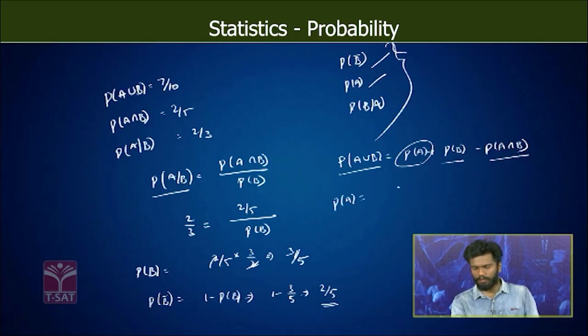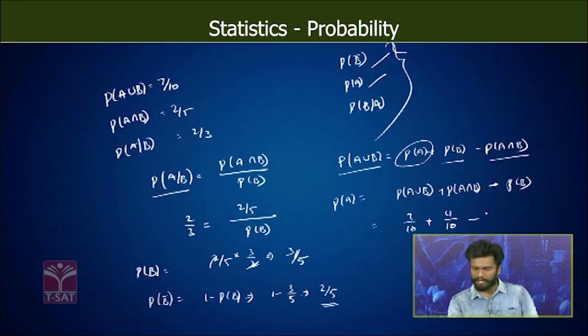Probability of A will be equal to probability of A union B plus probability of A intersection B minus probability of B. So A union B is 7/10, A intersection B is 2/5, I will write that as 4/10 because I am making the denominators equal, minus probability of B, and probability of B is 3/5, I will write it as 6/10.